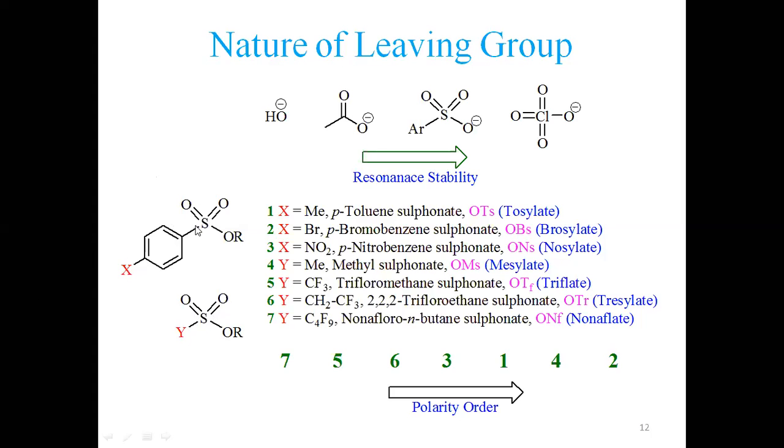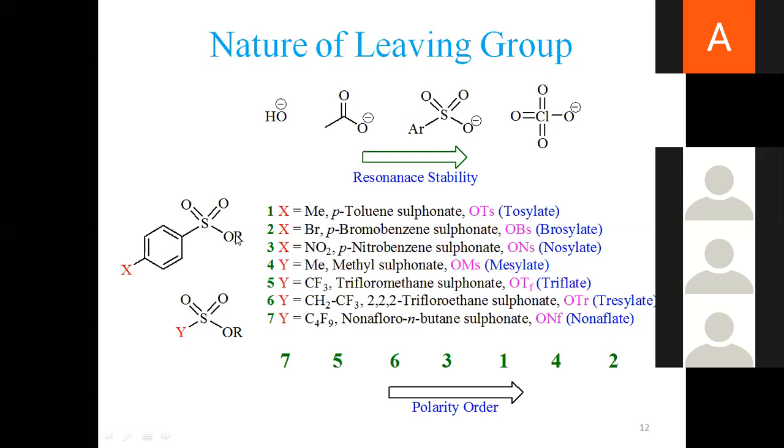This is commonly called para-toluene because this methyl group is at the para position. So this is para-toluene sulfonyl, or sulfonate, because this is an ester type, oxygen bonded with an alkyl group.